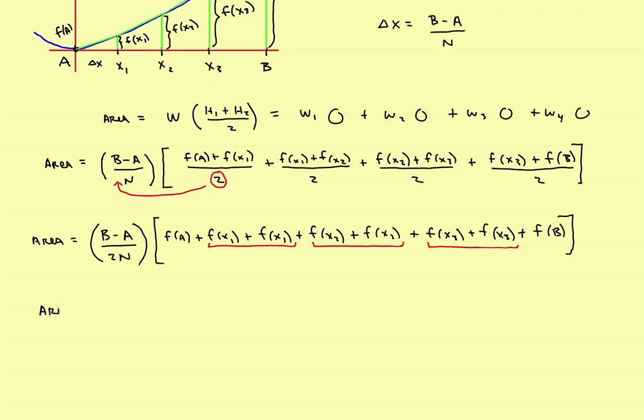The area would be, first of all, b minus a divided by twice n. And now you can do the following. First of all, put the f of a all by itself. So you've got f at a. But now put these two together. What that's going to give you would be, and I'll do it with a red in front of it, twice f at x1.